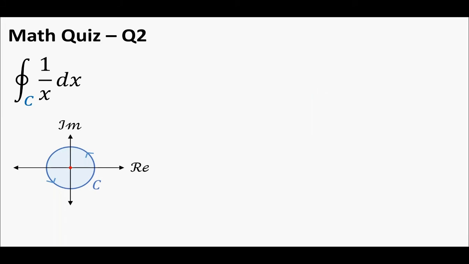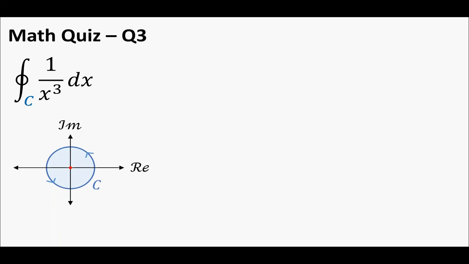Now we get to the integral around 1 over x dx. This is obviously the only special case where it's not 0, and this is equal to 2 pi I. Let's see if I'm right. Okay, we're doing good. So let's go to question number 3.